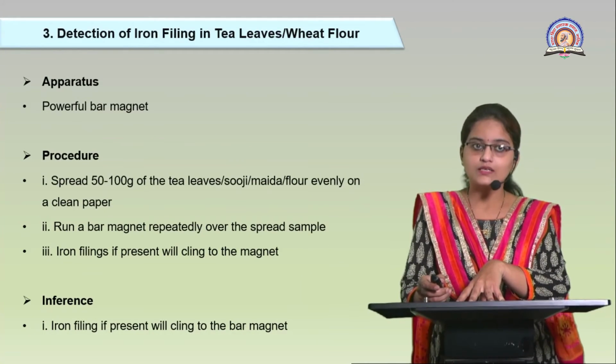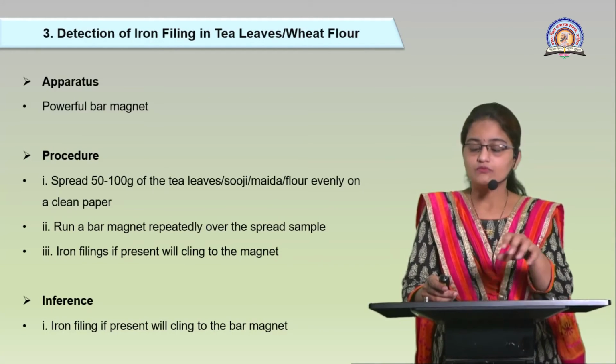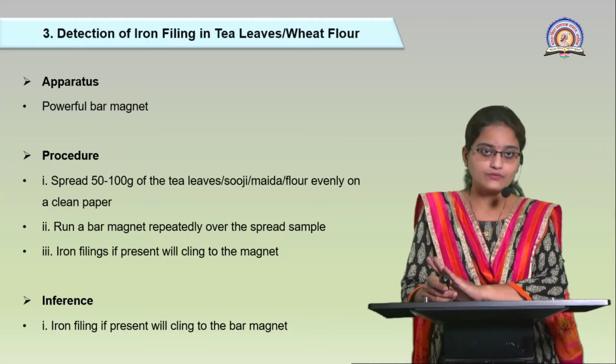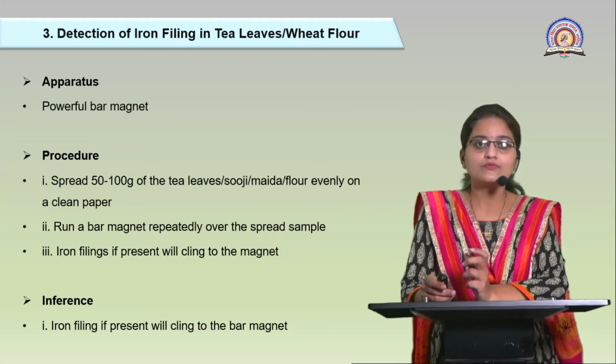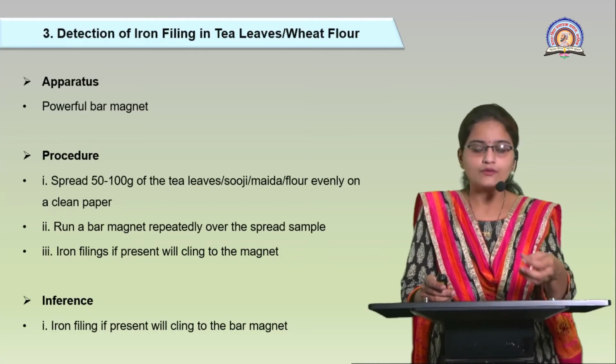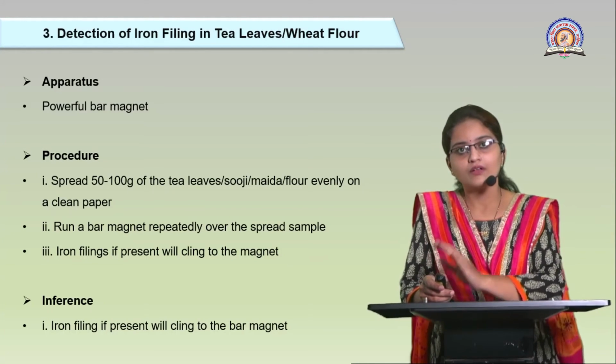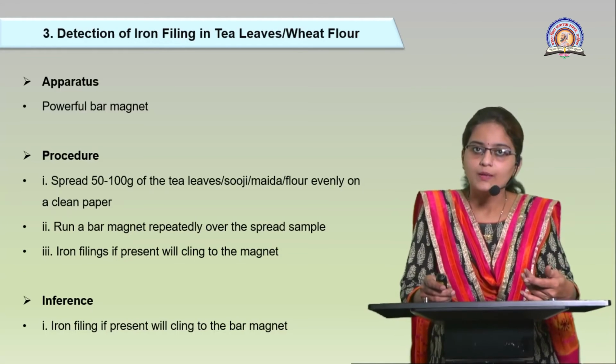Now the next one is detection of iron filings in tea leaves as well as wheat flour. Now iron, because of its color, the rust, is very easily available from soil and various industries. So it can be easily dumped inside the wheat flour to get more and more economic benefit.